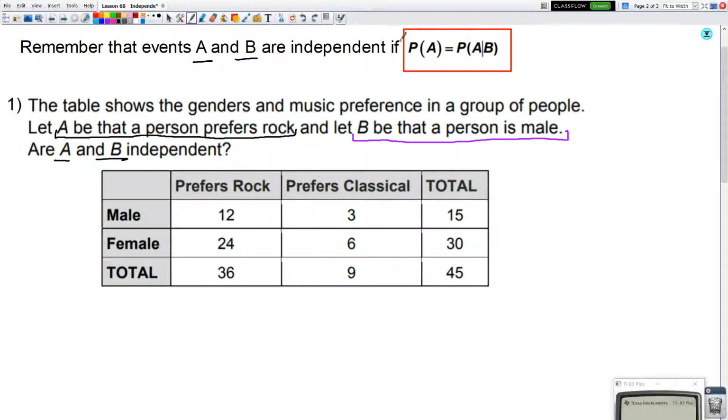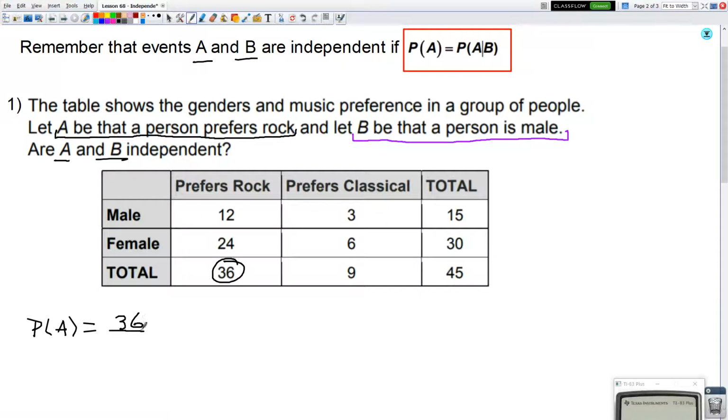And again, all we gotta show is this: the probability of A equals the probability of A given B. So let's talk about P of A, which is the probability of A. But know that A are those who prefer rock. So if you want to find out the probability of those who prefer rock, well, first we need to figure out how many of them prefer rock. So prefer rock, we have a total of 36.